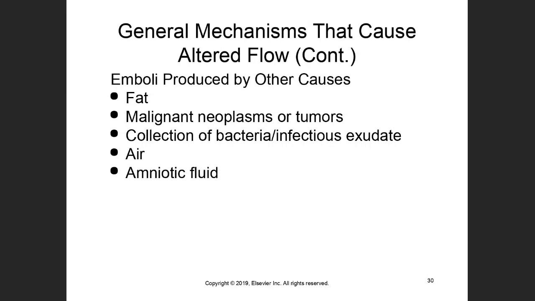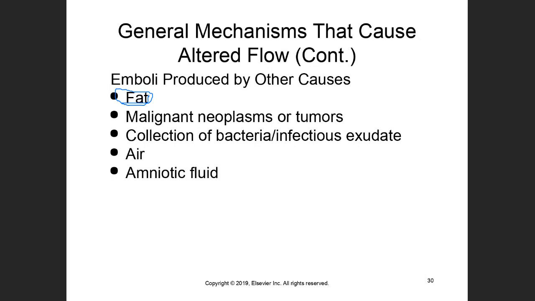Emboli can be produced by other causes, like fat embolism. Fat embolism occurs, for example, after trauma, when you break big bones, and the patient can develop fat embolism. Malignant is due to malignancy.